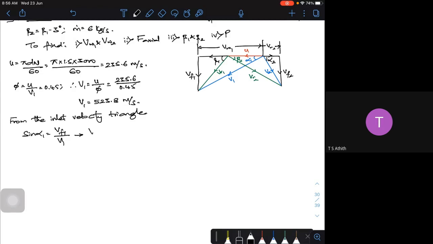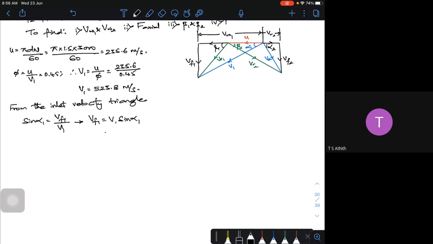Or I can write Vf1 is equal to V1 sine alpha 1. Now what is my V1? V1 is 523.8 into sine 20. So therefore, my Vf1, I am getting around 179 meters per second.